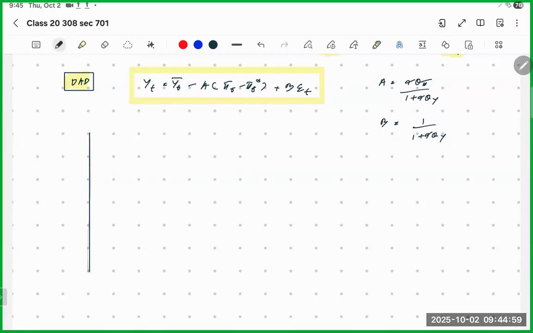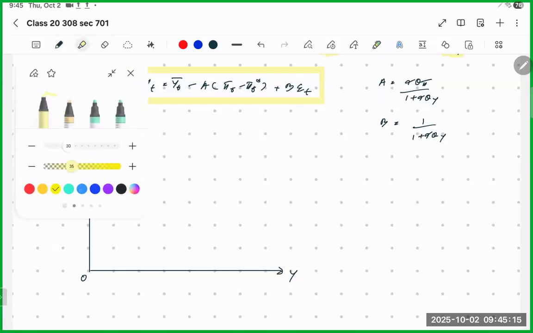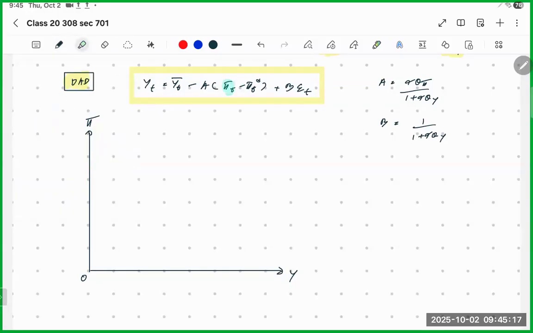Just like dynamic aggregate supply, on the horizontal is Y, but Y for the demand is about total spending. On the vertical is pi, inflation. Okay. Focus on the relationship between pi_t and Y_t in the equation.